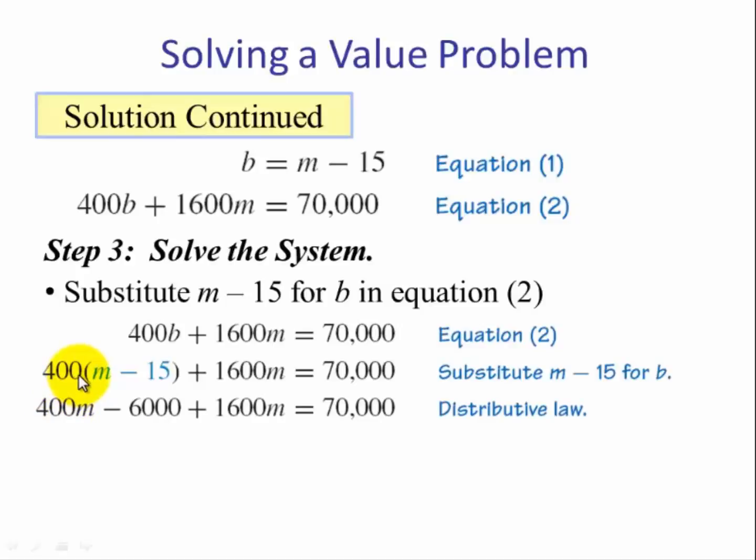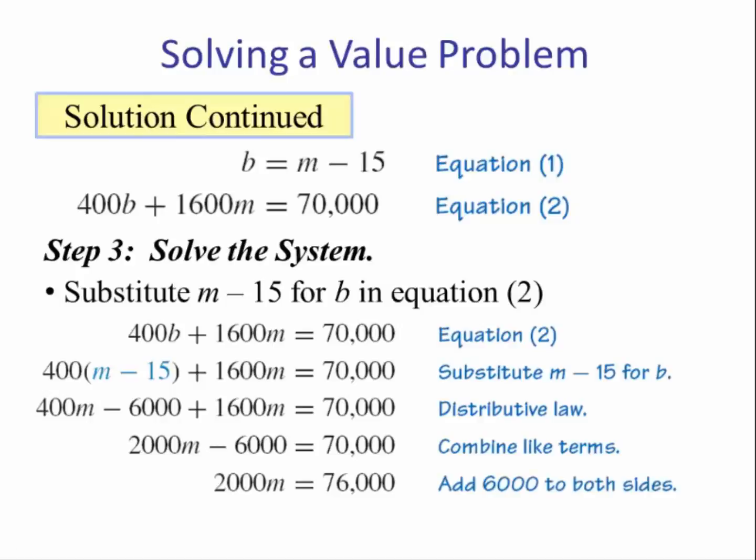So first we do the distributive property. 400 times M is 400M minus 400 times 15, which is 6,000. The next step is to combine like terms. So 400M plus 1,600M is 2,000M.